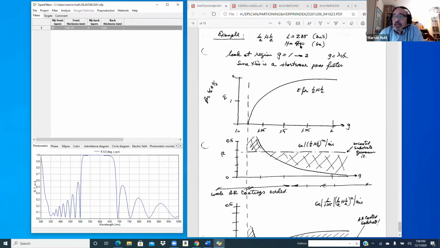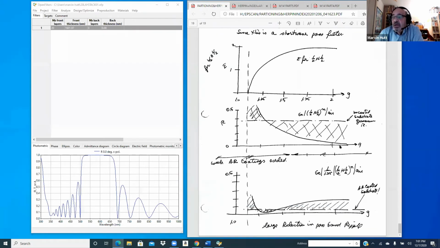index glass on germanium. And look at the region where we're going from 1 to 2 in G, lambda 0 over lambda. This is 1. So we're in the 2 region, okay? This is the E, and then here's the reflectance at the same point. Here's the uncoated germanium. Now we add to this a little bit of a coating.